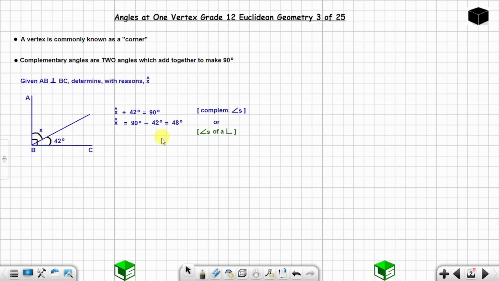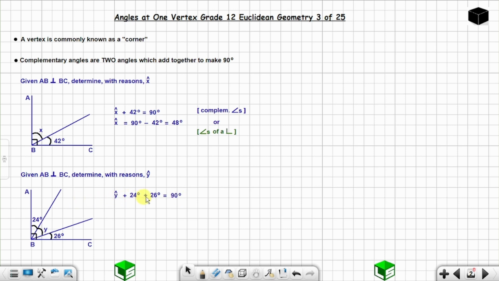Okay, let's move on to another example. You are given AB perpendicular to BC. Determine with reasons the angle Y. So from this, the angle Y plus 24 degrees plus 26 degrees is equal to 90 degrees.